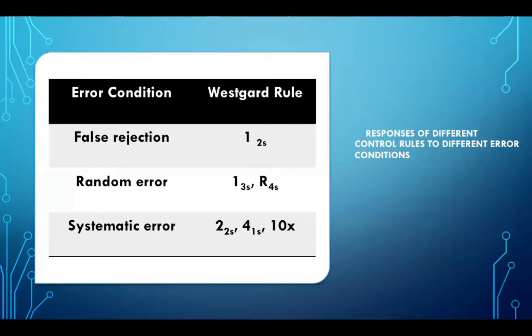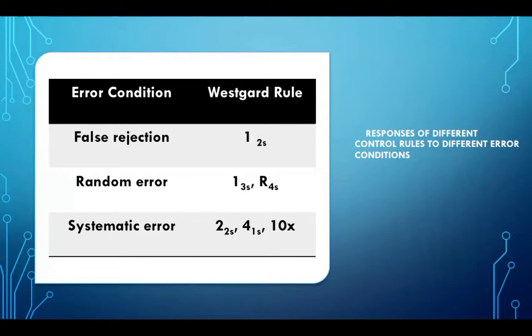Don't reject based on 1-2s, then your rejection rate will be very high. If it is not serving any purpose and you're rejecting so many values, then what will happen? Unnecessary wastage of reagent, unnecessary wastage of control. This will add to your cost and your turnaround time may also be affected by that.